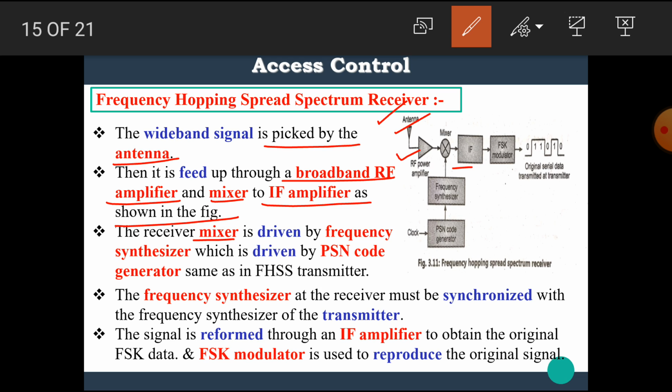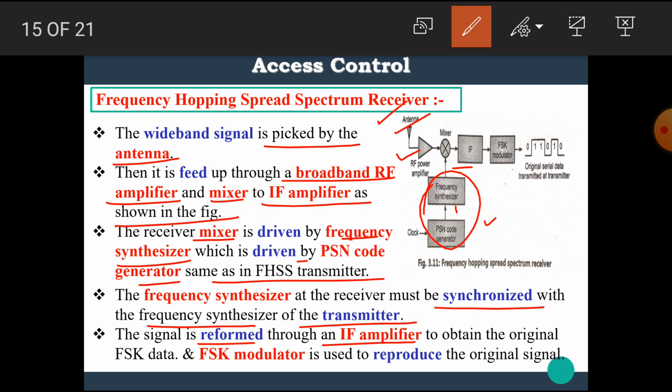The receiver mixer is driven by the frequency synthesizer, which is driven by the PN code generator, same as in the FHSS transmitter. This block works the same as in the transmitter. The frequency synthesizer at the receiver must be synchronized with the frequency synthesizer of the transmitter. The signal is reformed through an IF amplifier.